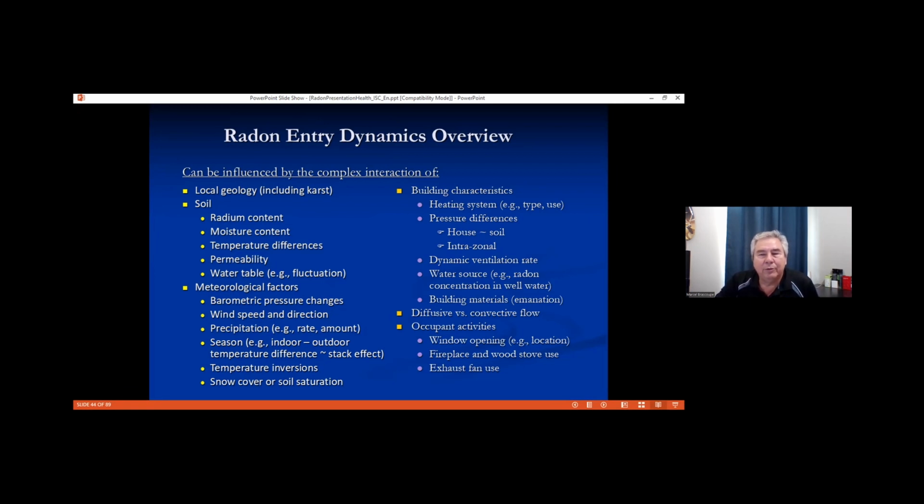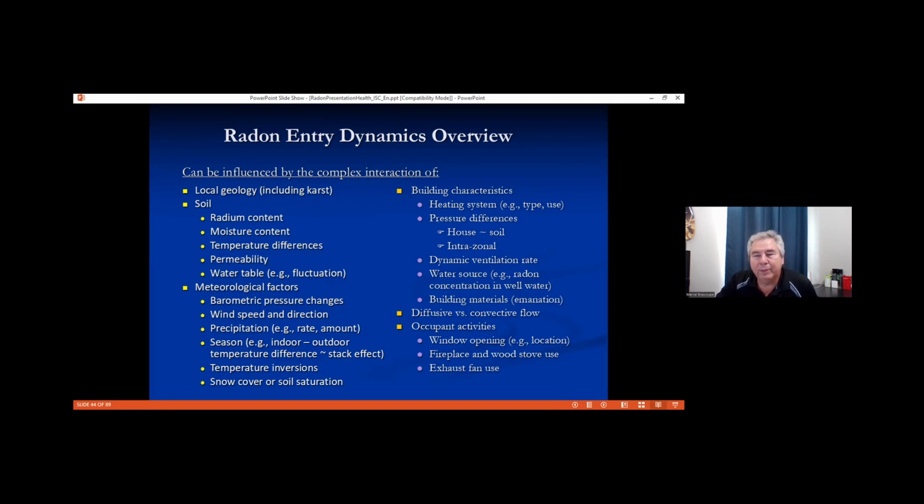It may actually be carried into your home with the well water. You may have certain building materials that are made with stones that contain a lot of radium. Occupants opening windows: if you open up windows in the basement, you're going to be bringing a lot of fresh air from the outside, which is going to dilute the levels in the basement.